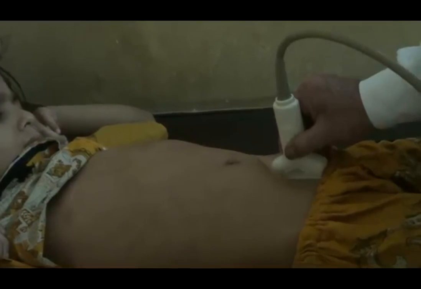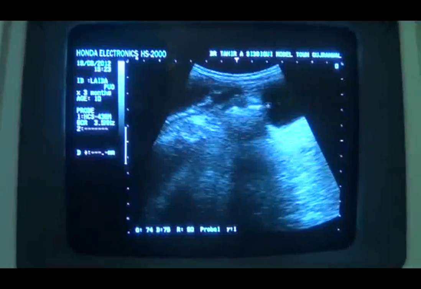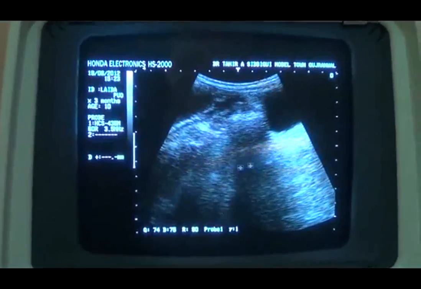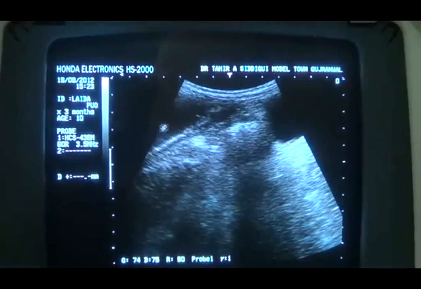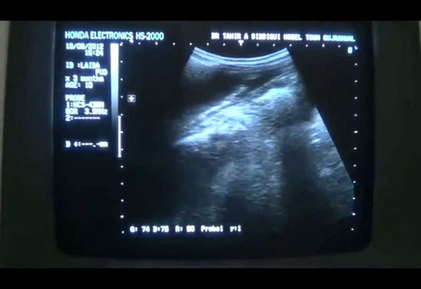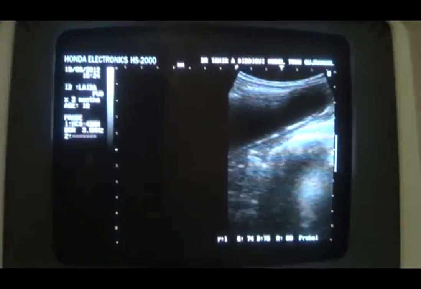Now let's see on the ultrasound machine. You see, this is the urinary bladder in longitudinal section. These are bowels giving dirty shadow, and this is the lower margin of the cystic area that is under study.